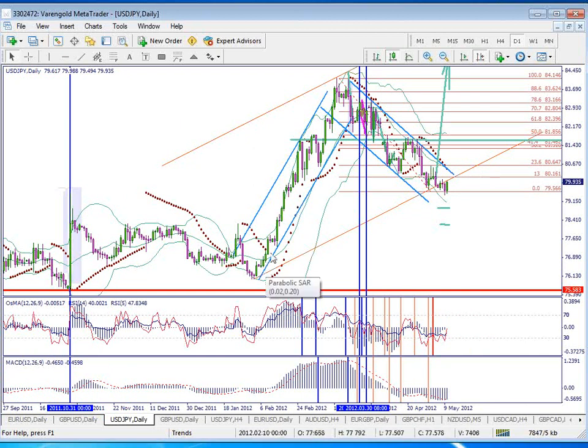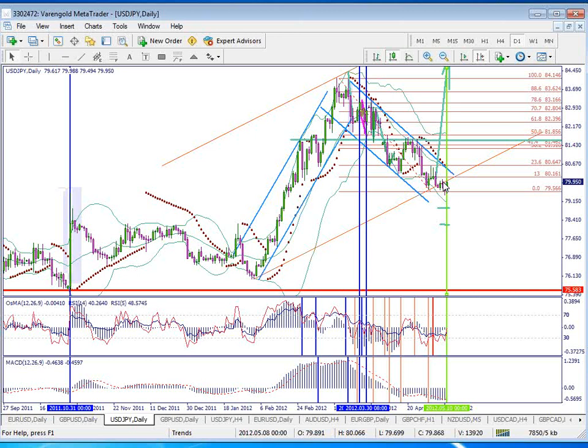I think that now we can just consider that this channel was modified. I have a lot of lines here. On daily, we can consider that we have one signal for a buy here.